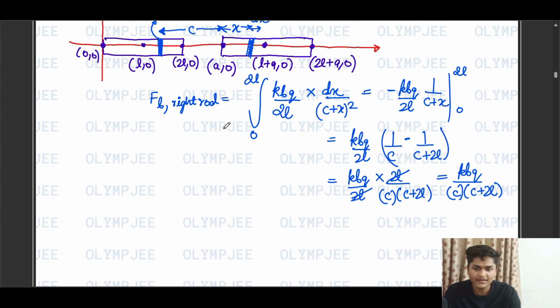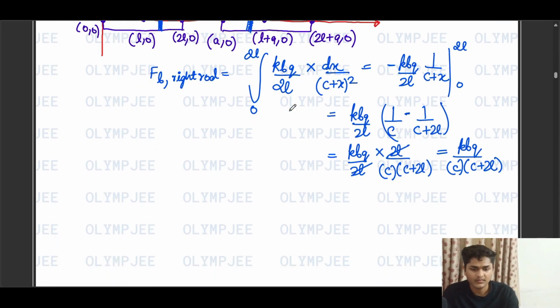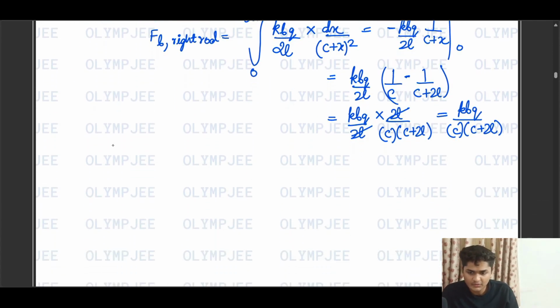Now we need to find the force due to this entire rod on this entire rod. Now we have already found the force due to an element of the left rod on the entire right rod. So let us draw a new situation.